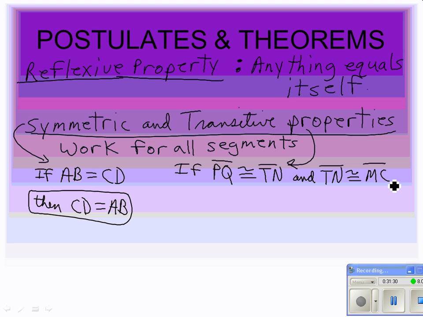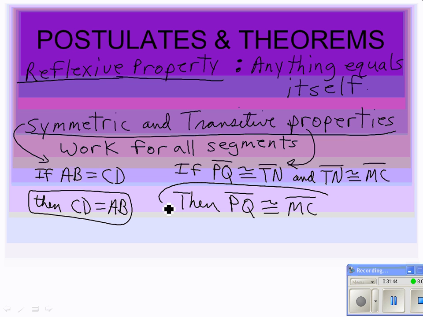If segment PQ is congruent to segment TN and segment TN is congruent to segment NC, then what conclusion can we come up with? Very good. PQ is congruent to segment MC. We can then come up with that conclusion. Now remember, for transitive property, it has to be in this order.